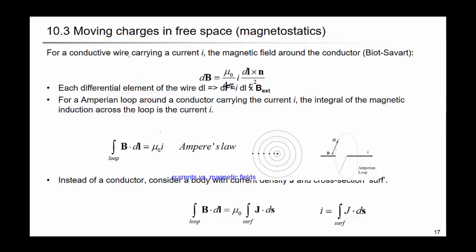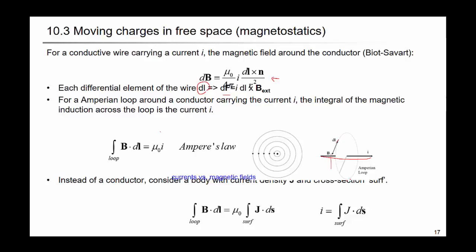For a conductive wire carrying a current I, the magnetic field around the conductor is expressed with this equation. When you differentiate for a differential element of the wire dl, the F is dl times the B, right, and times the current. For an Amperian loop around the conductor, you have a wire like this, and here the charge is moving at constant velocity.